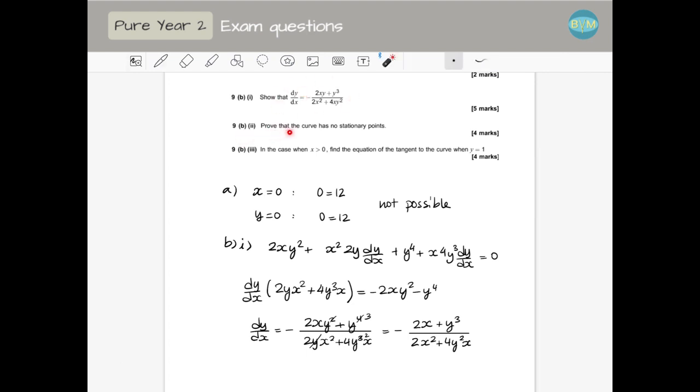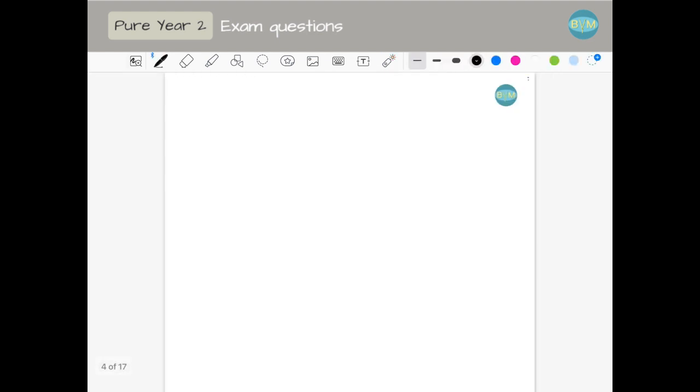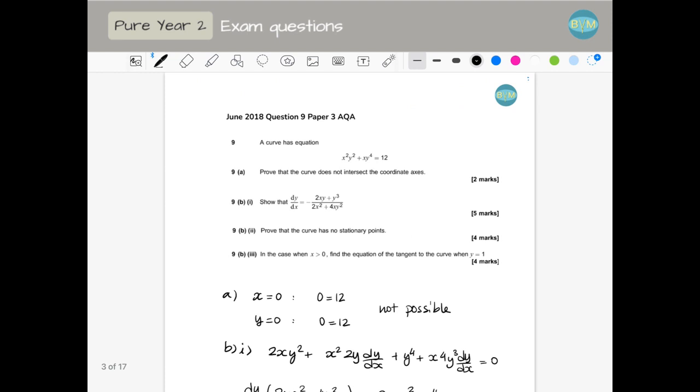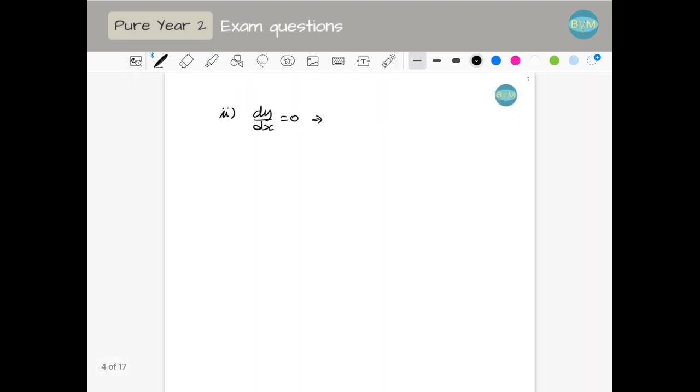Then the second part says prove that the curve has no stationary points. Stationary points come from making this equation equal to 0, which could mean numerator equal to 0. So a stationary point is dy by dx equals 0, which could mean the numerator 2xy plus y cubed equals 0.